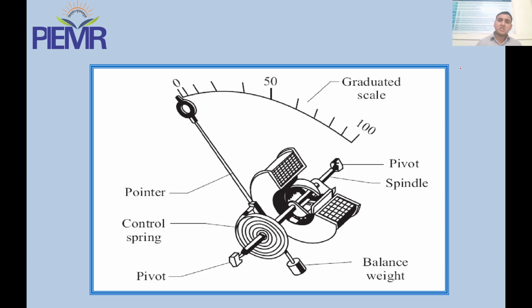In the schematic diagram of this spring control you can see the pointer attached to the spring control and to one of the pivots. Whenever the deflection torque is there to move the position, the hairspring will be expanded. Whenever the deflection force is zero, the spring returns to its normal position, so it will bring the pointer to zero.